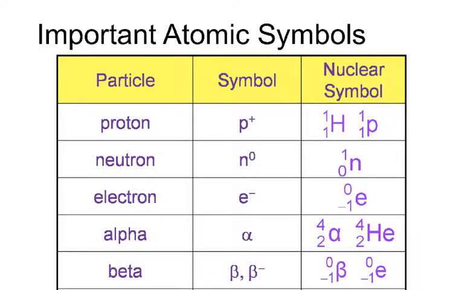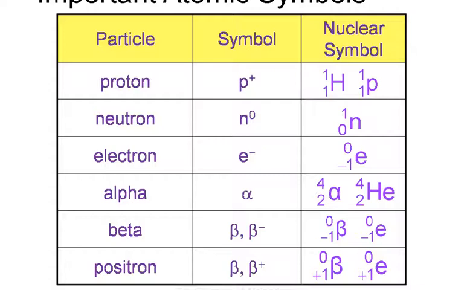Here are some atomic symbols you should be familiar with. The first 3 we've talked about before. Protons, you can use a P+. If you want to write the nuclear symbol, it's 1,1H, so a mass of 1, a charge of 1, and then that's a hydrogen, or you can use the P for proton.